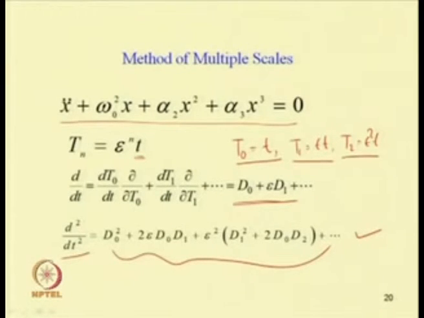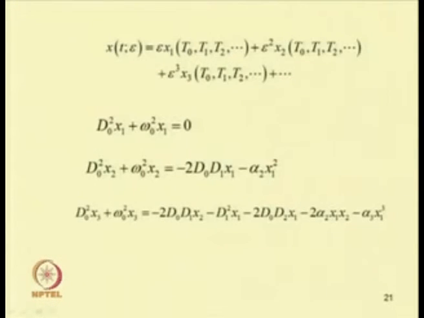By substituting these two equations, we also have to write x. Writing x as a function of t, where epsilon is the parameter, it can be written as epsilon x 1 plus epsilon square x 2 plus epsilon cube x 3, where x 1, x 2, x 3 are functions of the different time scales t 0, t 1, t 2.